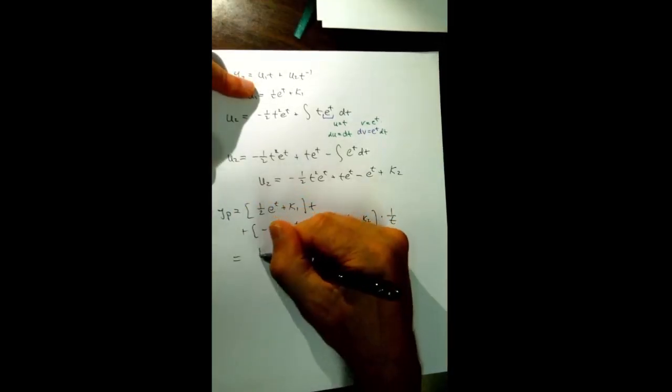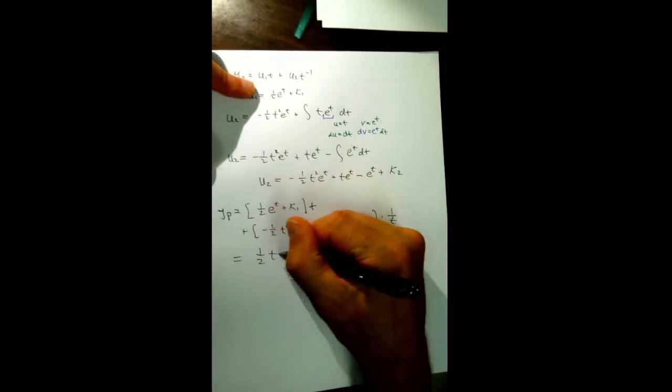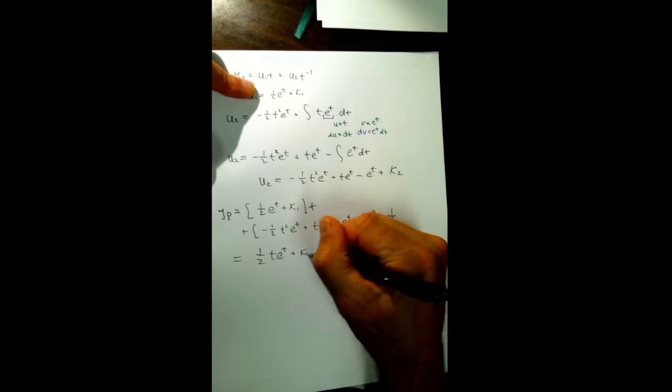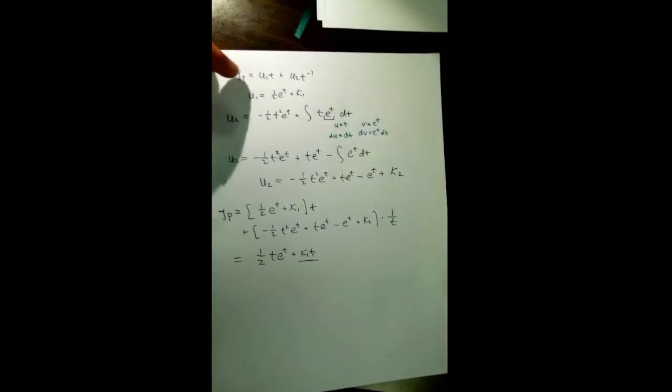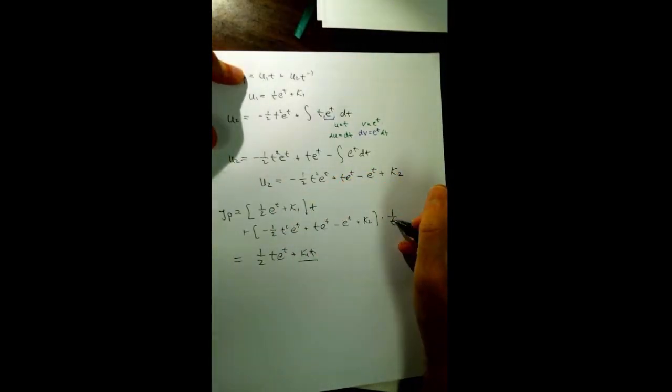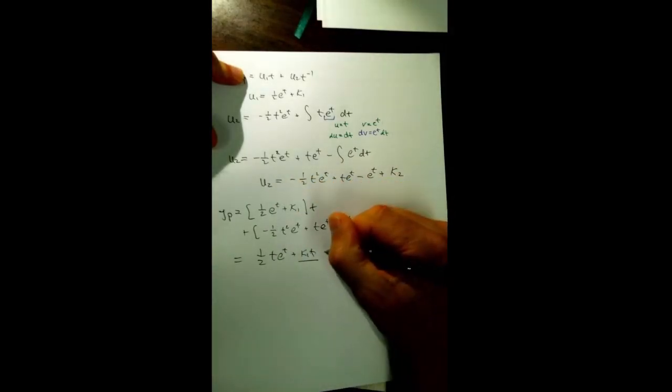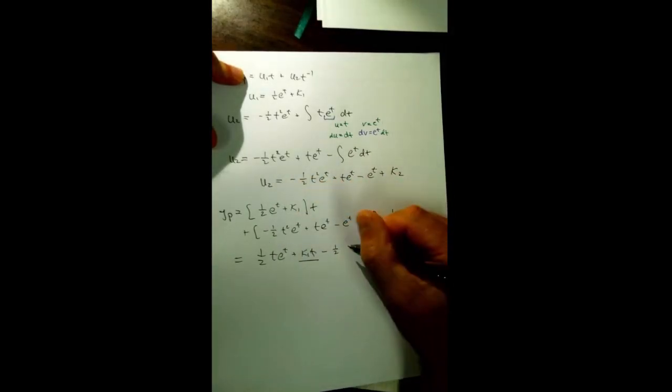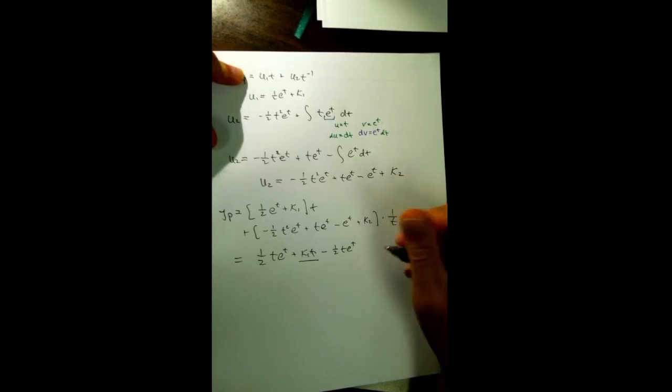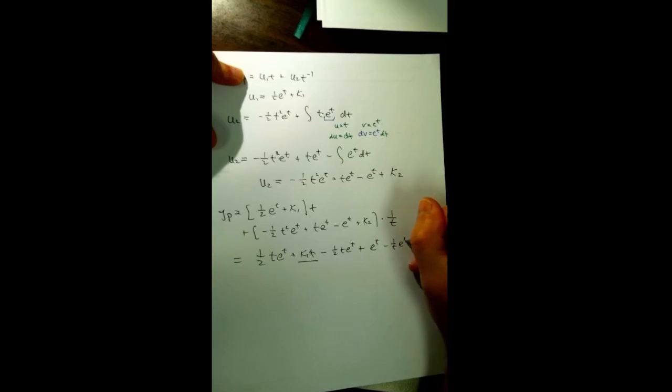So multiplying this t through, I get 1/2 t e to the t plus k1 t. Oh, there's a homogeneous solution. I like that. Multiplying this 1 over t in, I'm going to get minus 1/2 t e to the t. This is going to give me an e to the t, and minus 1 over t e to the t plus k2 times 1 over t.